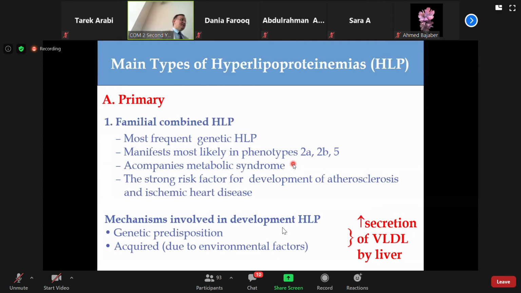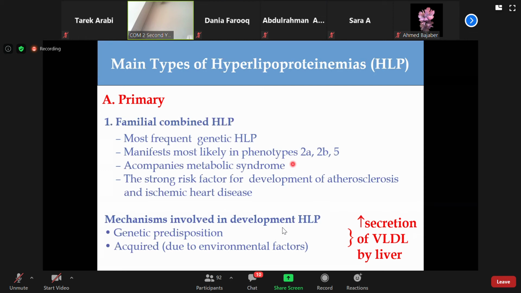What are the characteristics of 2A, 2B? We said atherogenicity, high atherosclerosis. So these people who have familial combined hyperlipoproteinemia are at higher risk of heart attacks and strokes because they have the Fredrickson phenotype 2A, 2B.